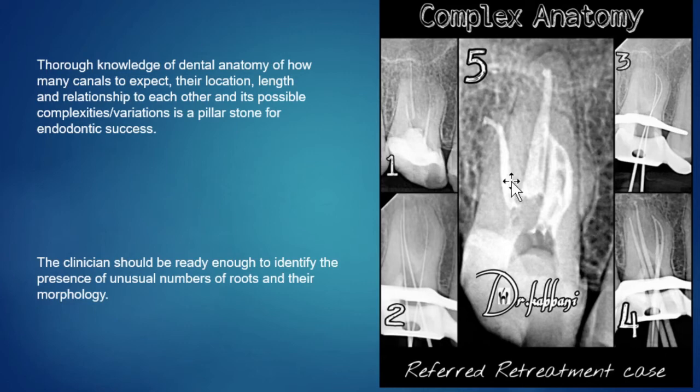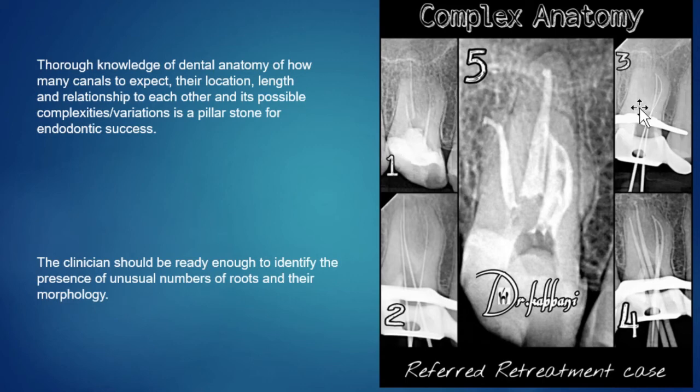So here we can see in this case, this is a retreatment case. The patient came with a lot of pain. The treatment was done 3 years ago, and she took medication because of the swelling and pain for a very long time. We can see here how the primary dentist missed the MB2.